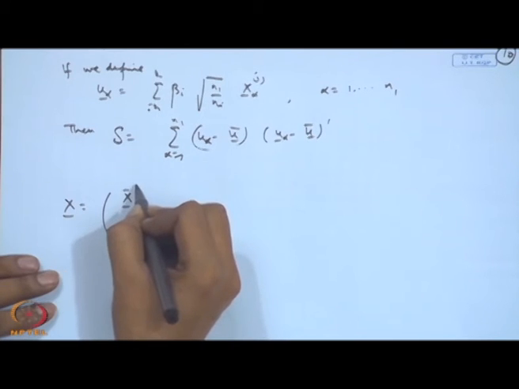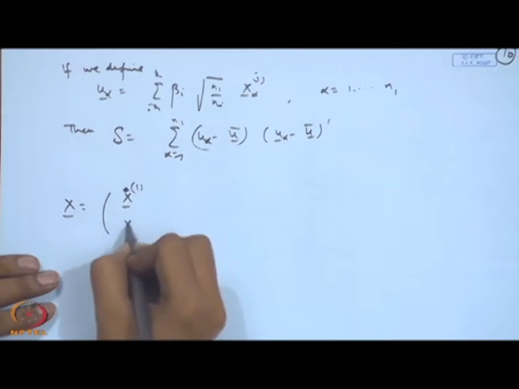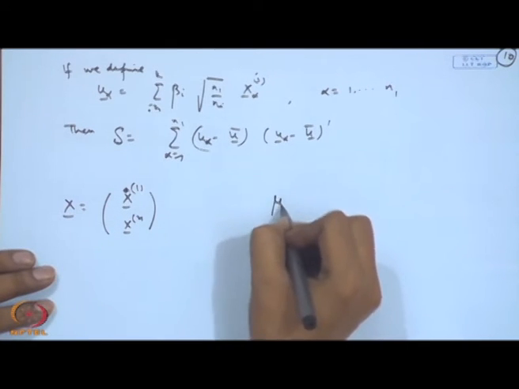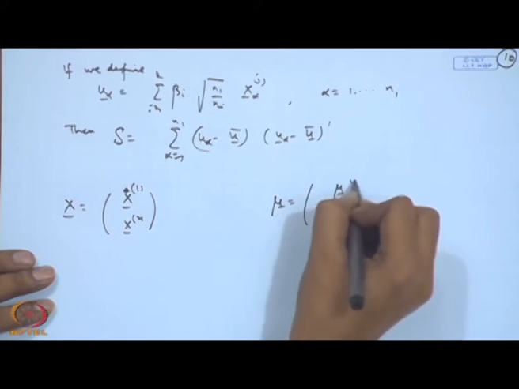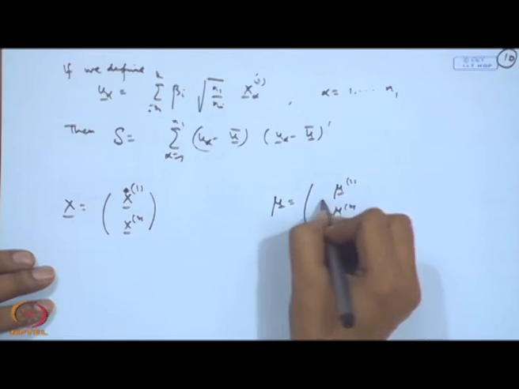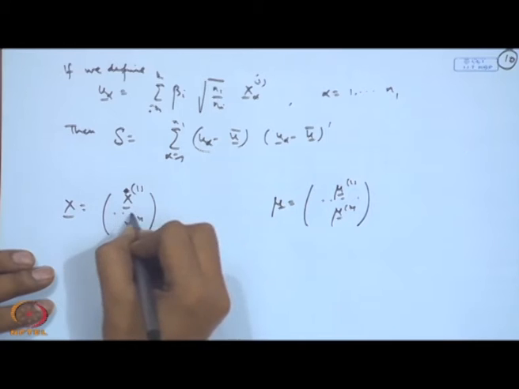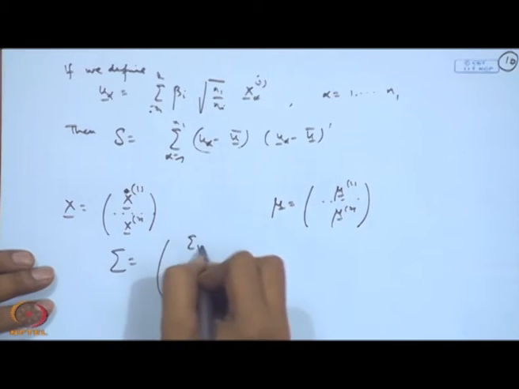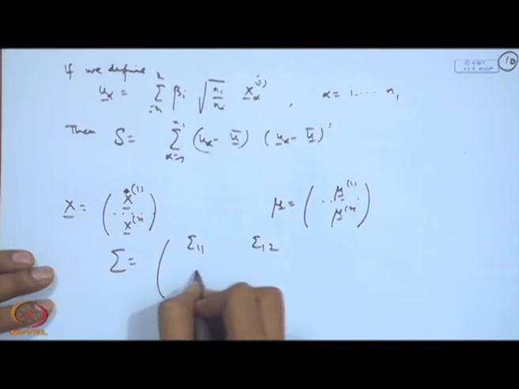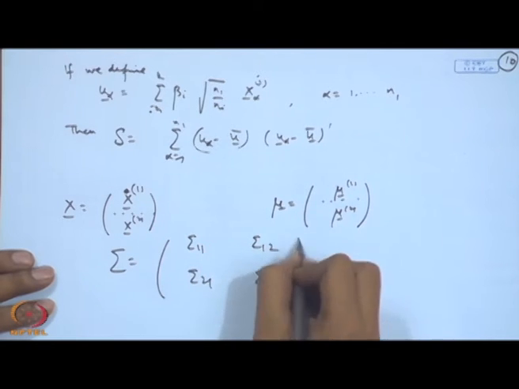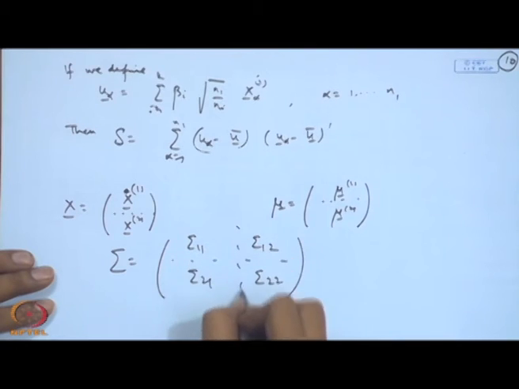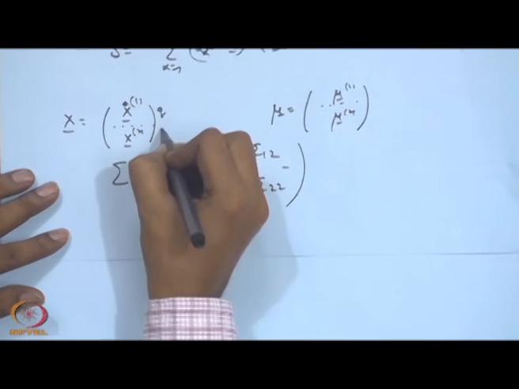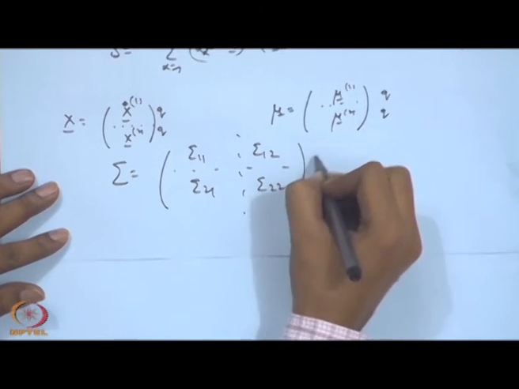Suppose I consider x 1 and x 2 here, and mu is equal to say mu 1, mu 2. So, these are partitioned here, and similarly the variance covariance matrix is partitioned. We are assuming here this has q components, this has q components.